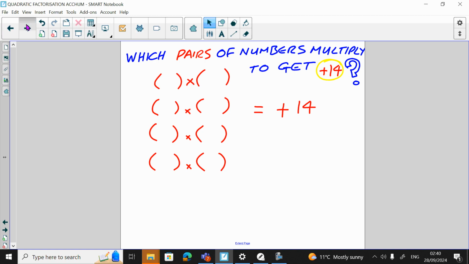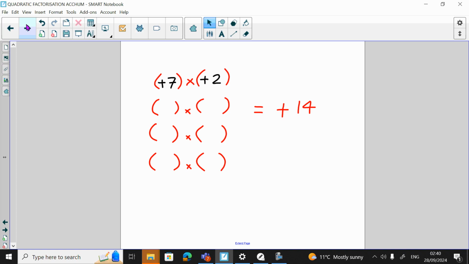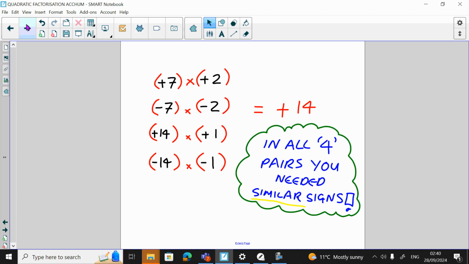Usually, if it was 7 times 2, you wouldn't put a positive in front of them in your calculator, but I'm just wanting to emphasize that these 2 positives give me a positive 14. 2 negatives, negative 7, negative 2 gives me positive 14. Positive 14, positive 1 gives me positive 14. And negative 14, negative 1 gives me positive 14.